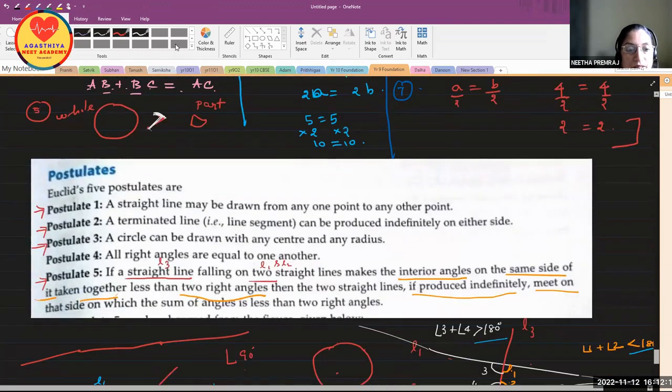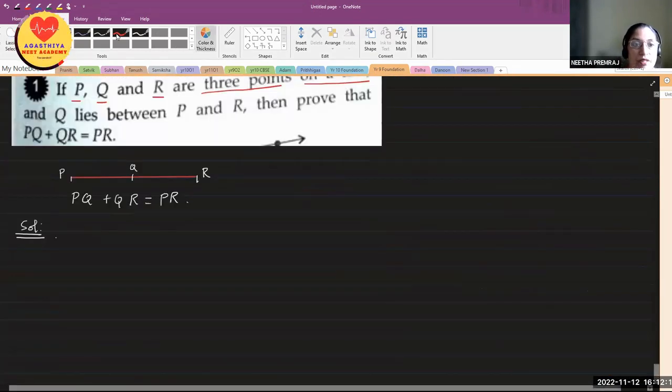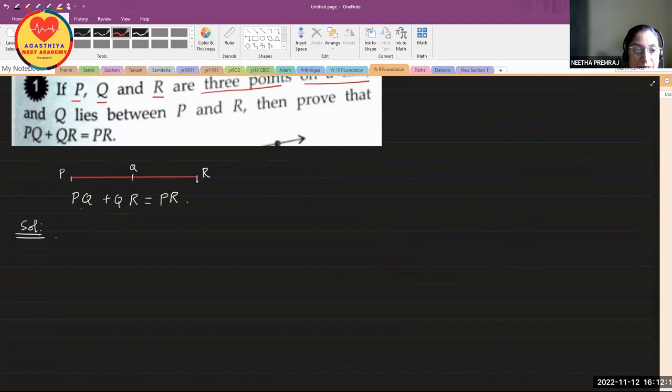So here, if you see Q is coinciding, isn't it? And this Q is coinciding. So this must be equal to this. How do you write things by axiom?